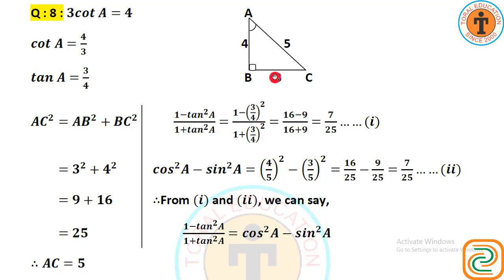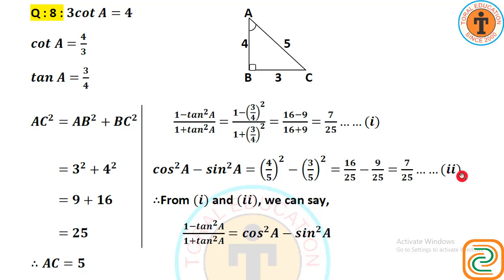Sin A means opposite side of angle A upon hypotenuse, so 3 upon 5. 4 square is 16 upon 25. 3 square is 9 upon 25. 16 minus 9 is 7 upon 25. 25 is the LCM here. So 7 upon 25.